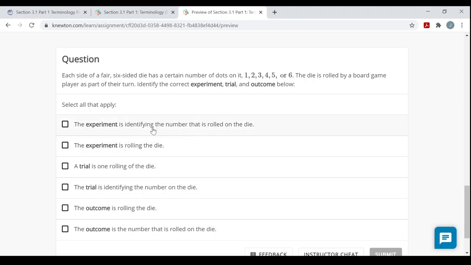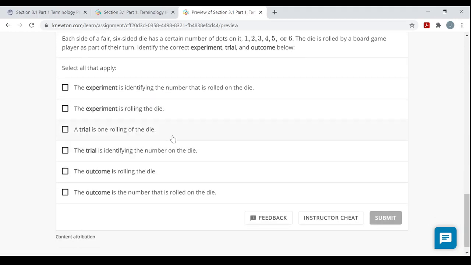Let's see, is it identifying the number that is rolled on the die, or is it rolling the die? I mean, the die is rolled by the player. They mention roll in both of these, but then you also want to identify the number.